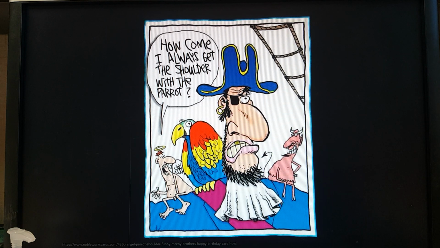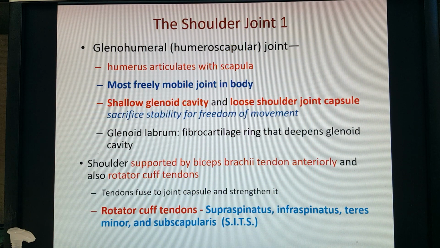Okay, so next one is the shoulder joint. The shoulder joint, again, your glenohumeral or humeroscapular joint. So it is the most freely mobile, with a shallow glenoid cavity and a loose shoulder joint capsule that helps with the movement. And again, your rotator cuffs as well as your biceps brachii tendon help support it.